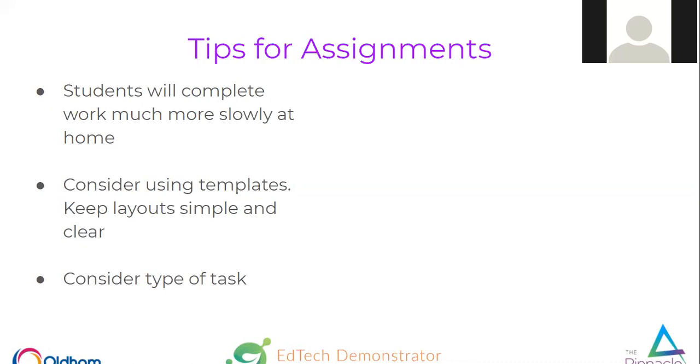And then my final piece of advice on your types of assignment would be to consider the type of task that you set. We have found that we get a lot more engagement with the information and therefore a lot more understanding from tasks where we give students some information and ask them to do something with it. We call them thinking deeper tasks.